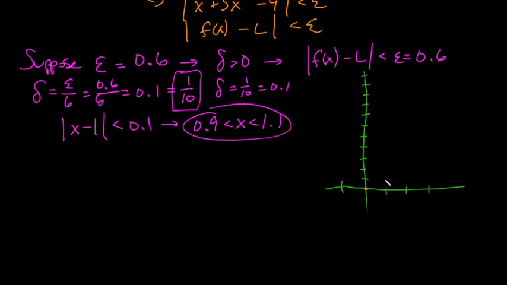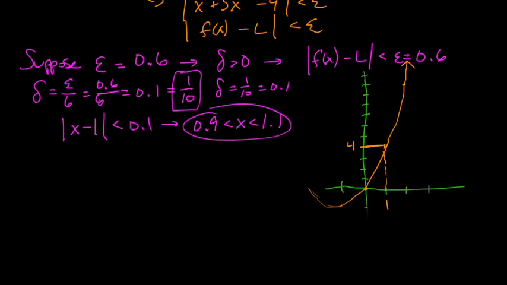We know it goes through the origin. When x is 1, y is 4. When x is 2, y is 10. And I think when x is -1, it's -2. So it's going to be a parabola, something like this. And the important thing, the limit we know is 4 as x approaches 1.